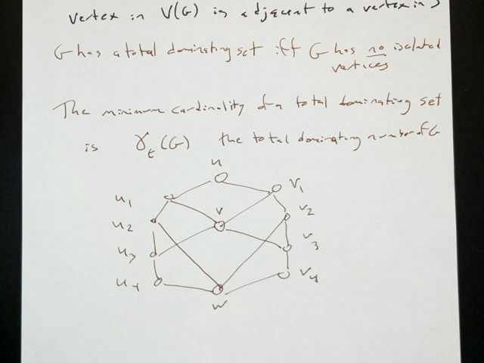UVW. Because U dominates U1 and V1 and U. V dominates U1, V1, U3 and V3, and V. W takes care of U2, V2, U4, V4, and W itself. But from a total domination perspective, if I use that same set, I've missed U, V, and W.